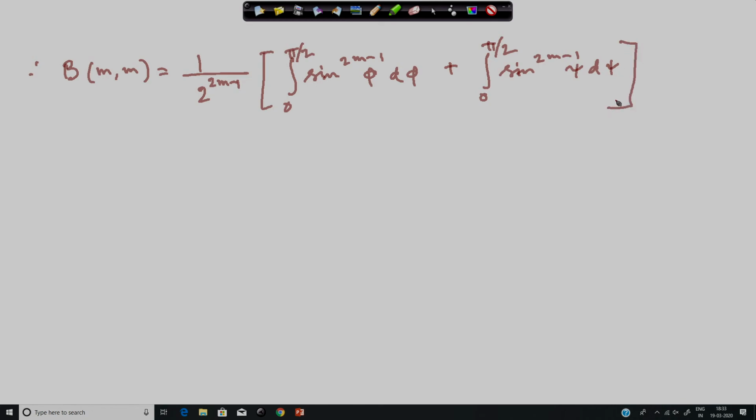So, you see the first integral is the same as the second integral, because φ or ψ both are dummy variables.